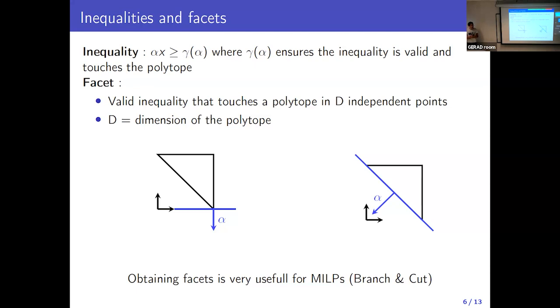And it is well known that if the inequality is a facet, it has more chance to improve the method, to give better results, than if you use inequalities that don't have those structural properties for the polyhedron. So that's why we are interested in trying to get inequalities that are at least closer to facets, or facets if possible.